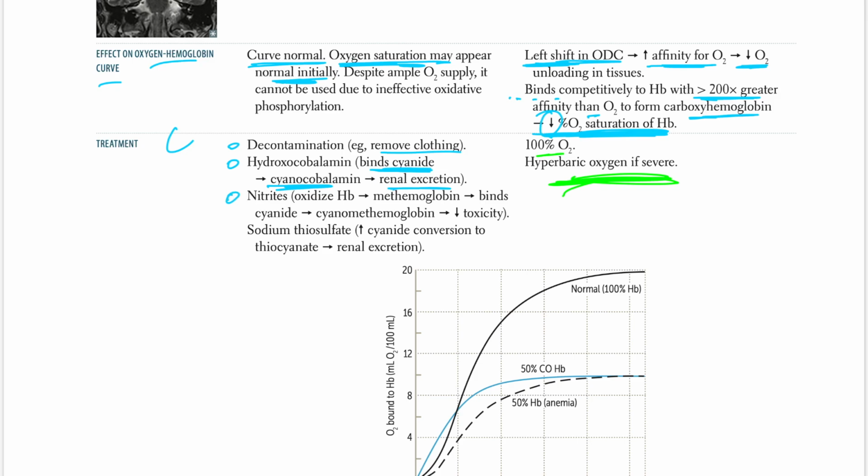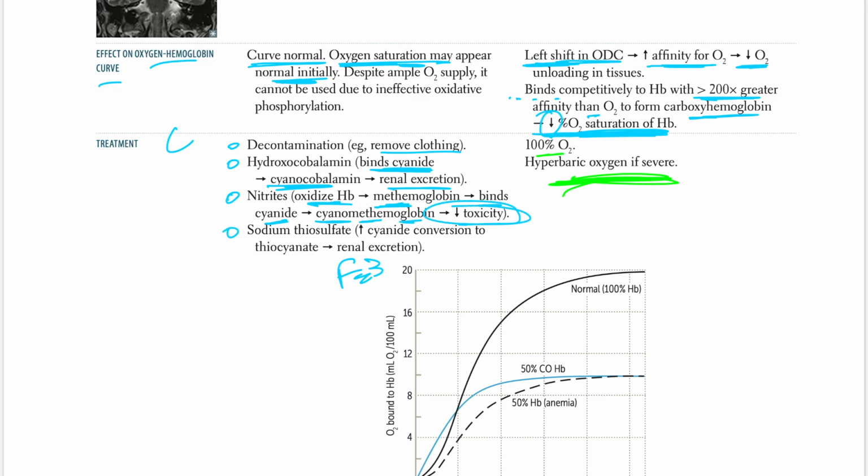Other thing you can give is nitrates. Nitrates would oxidize hemoglobin, and that's going to cause formation of methemoglobin, the Fe3 state of hemoglobin, which would bind the cyanide, take it out, make a cyanomethemoglobin, and decrease the toxicity of cyanide.